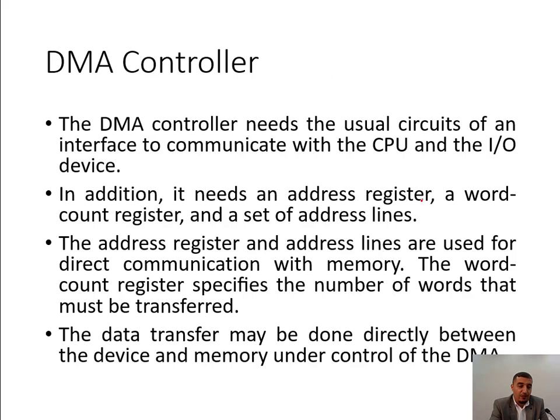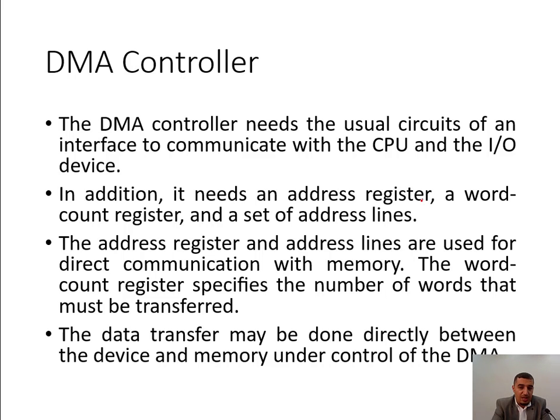Now, to accomplish all of this, we need something called the DMA controller. The DMA controller usually needs the circuitry of an interface to communicate with the CPU and the input-output device. In addition, it needs an address register, a word count register, and a set of address lines.